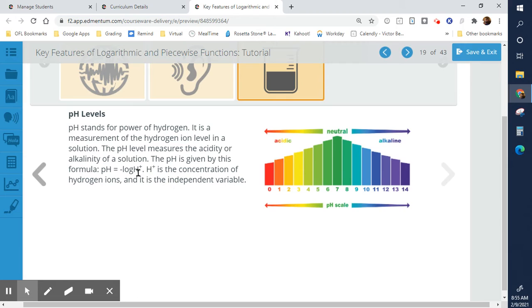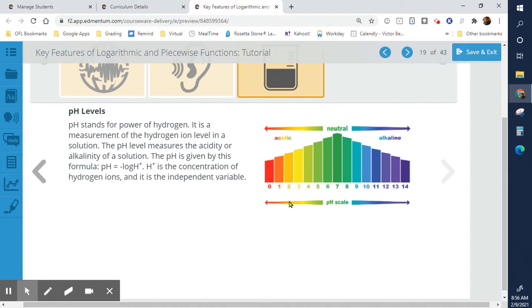Because of this negative, we're talking about tiny amounts of hydrogen atoms. I believe we're talking about molar concentration of hydrogen atoms, independent variables. I want to say that they do it in moles. They do it in these numbers that involve a lot of atoms per a small amount of area.